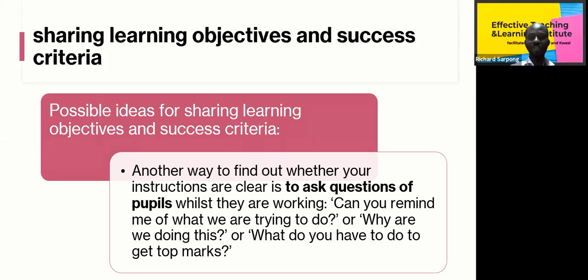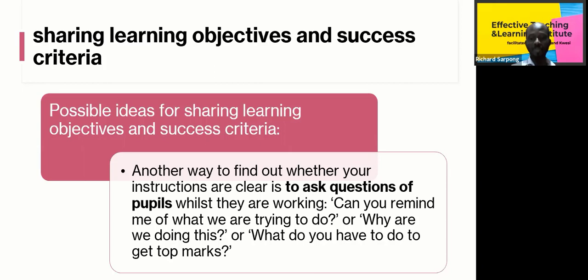So referencing the learning objective and the success criteria through questioning is a way to go, instead of asking, do you understand? But can you remind me of what we are trying to do? Or can you remind me of what you are learning today? Why are we doing this?